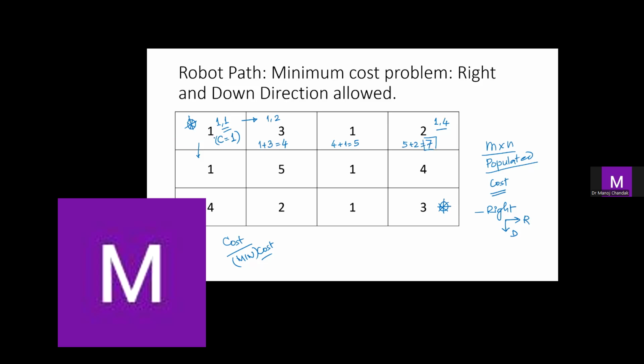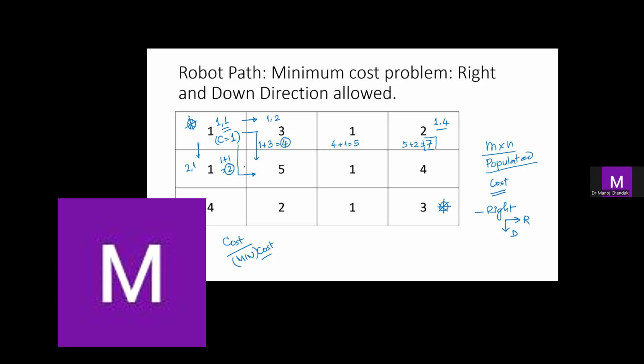Now another path which this robot can take is the down path, and for the down path, this cell will be 2 comma 1, so the cost of travel will be 1 plus 1 equal to 2. Now from this cell, the robot can move forward, and there can be two ways to move forward. One is to travel right and come to this cell, another is to travel down and come to this cell.